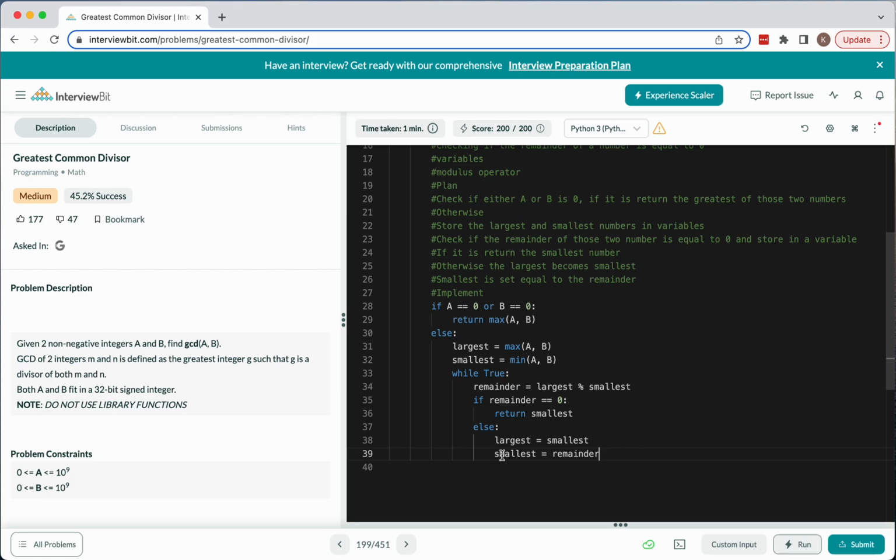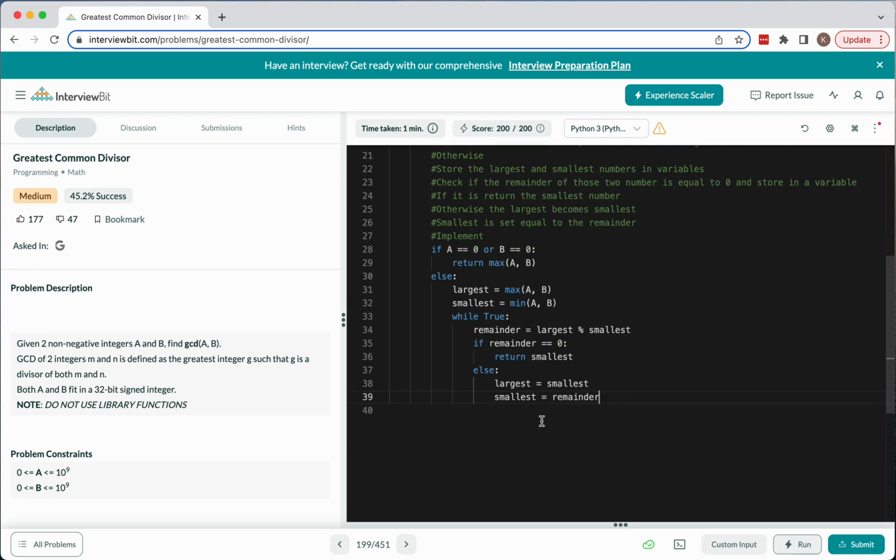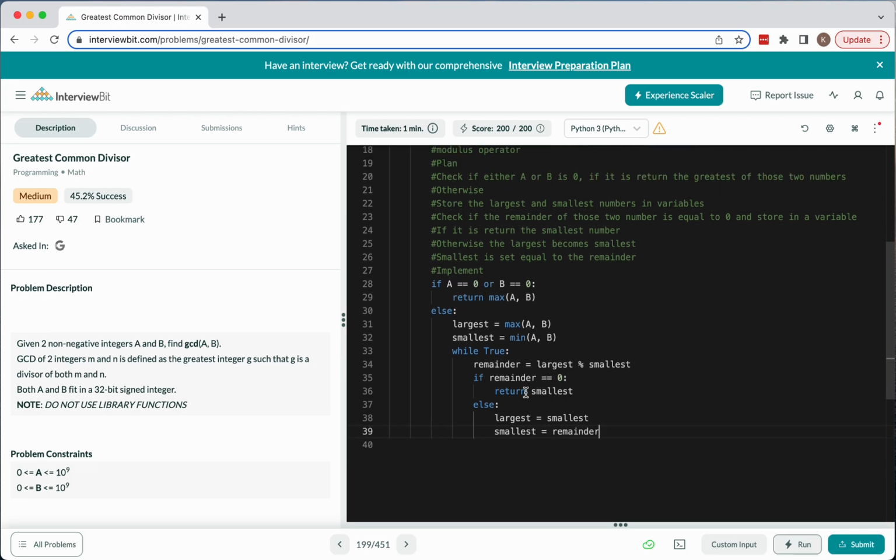If it's not, we update the largest to the smaller number, and then the smallest number becomes the remainder, and we just keep dividing them until we get 0. And this gives us the greatest common divisor.